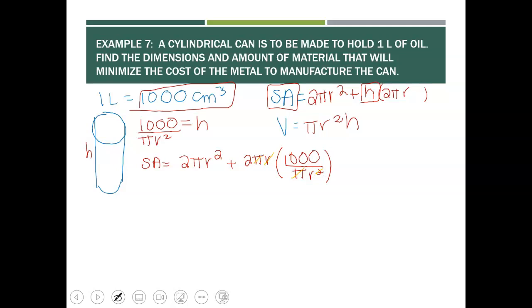So what's nice, the pi cancels and r cancels, and it simplifies to 2 pi r squared plus 2,000 over r.